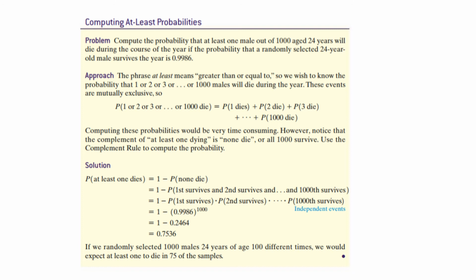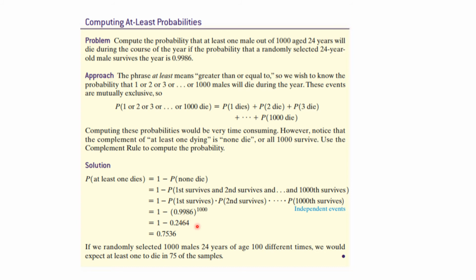Okay, so again we're talking about 1,000 males, so that's up here. The probability that at least one dies is 1 minus the probability that none die. And if none die, they all survive. So that's 1 minus the product of the probabilities.